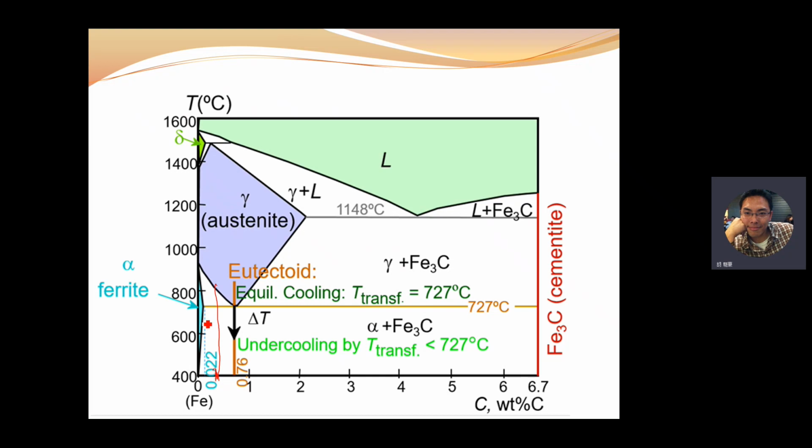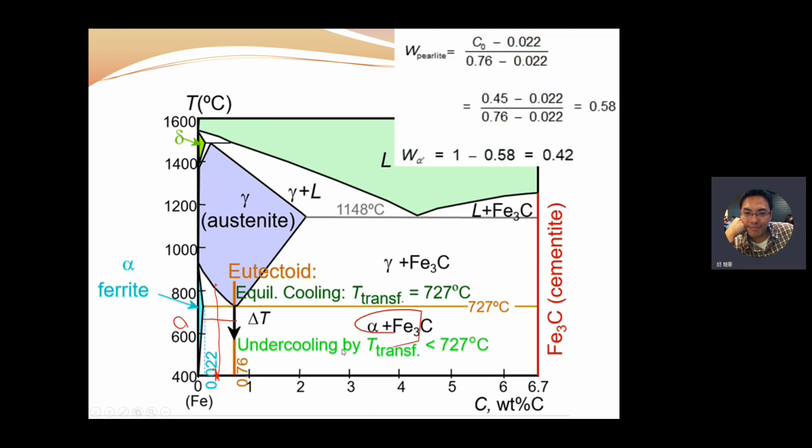We can draw a tie line here and use the lever rule to calculate the fraction of alpha and pearlite. Therefore, C0 is 0.45.